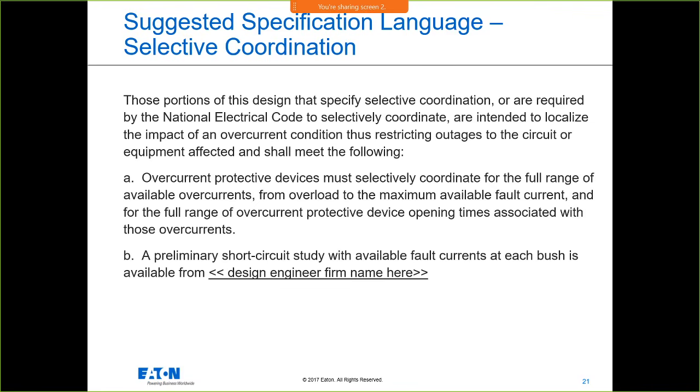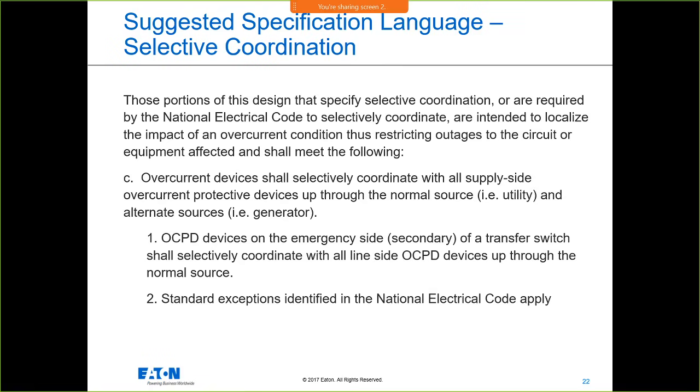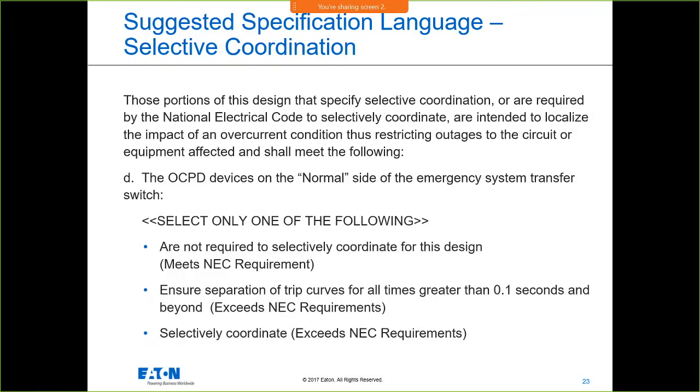So I have some suggested language I'll put in a link down below, that basically says just be transparent and clear on what you want. Tell me what you want to selectively coordinate and what you don't want to selectively coordinate, because that's going to help the manufacturer, whoever's quoting that job, quote it accurately.